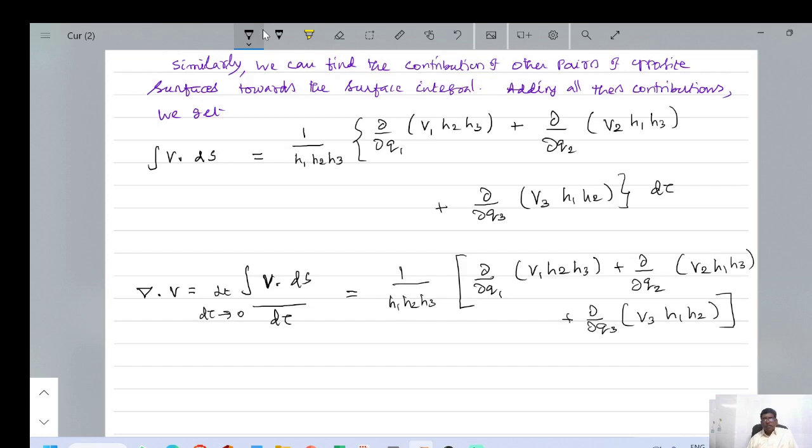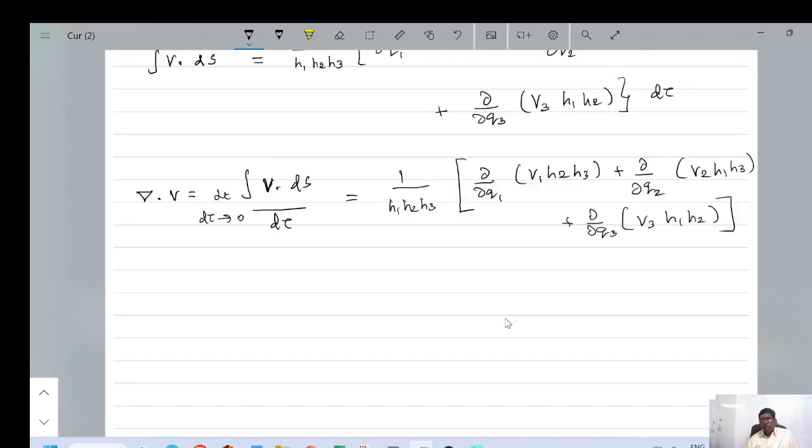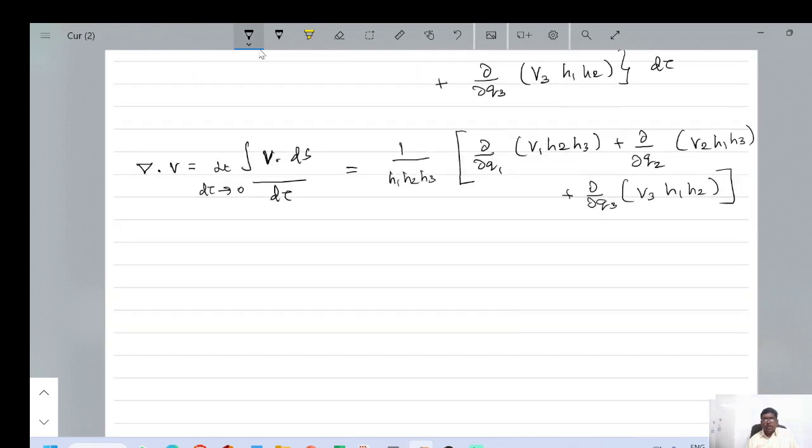This is the value of div, the divergence in orthogonal curvilinear coordinates.